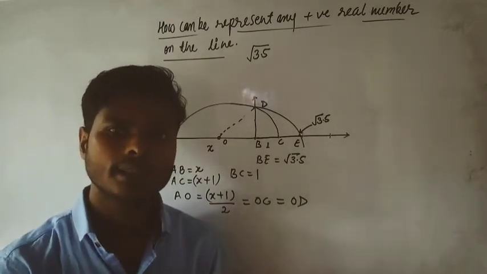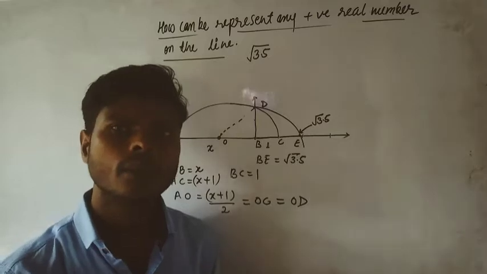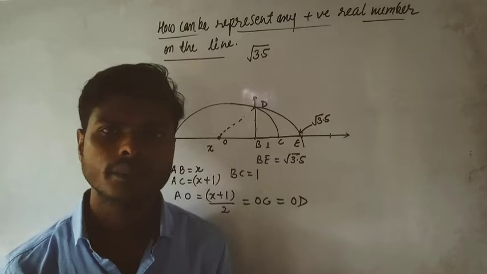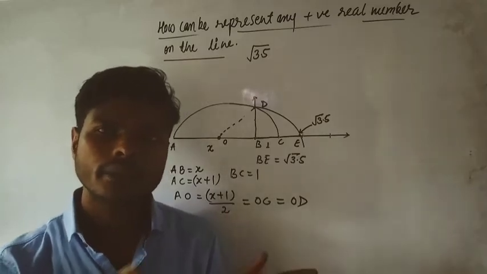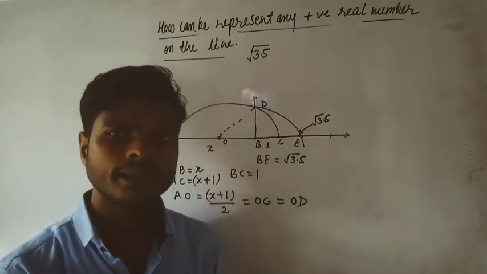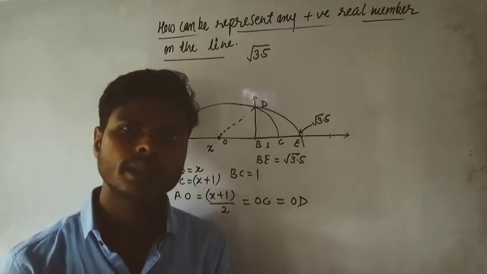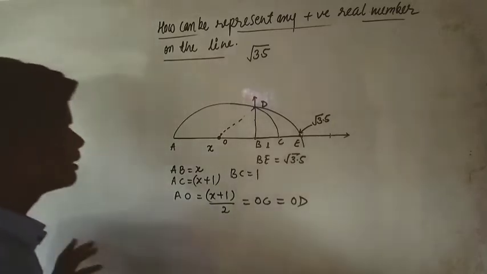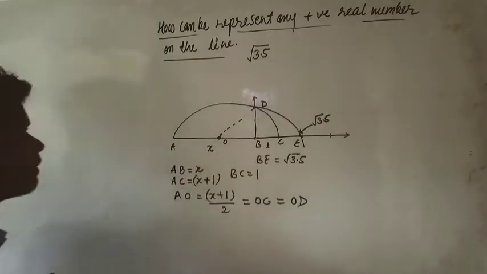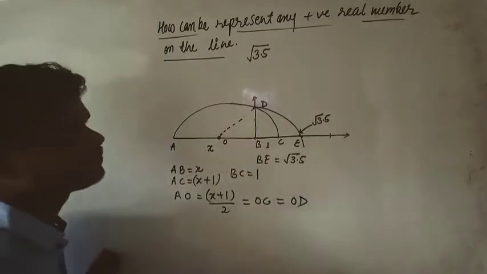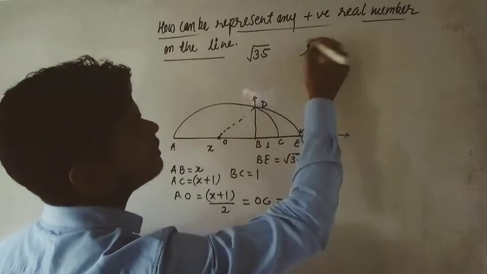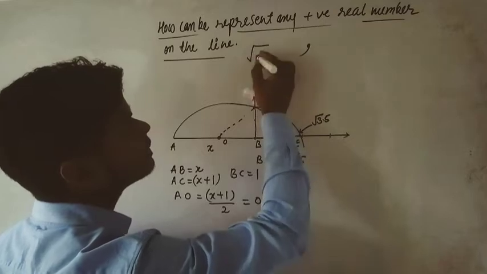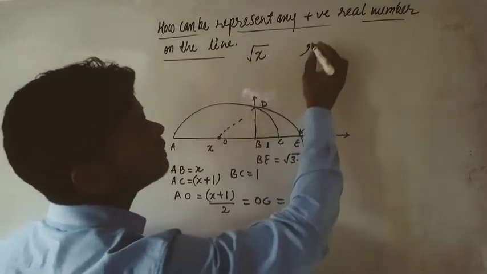Now we apply Pythagoras theorem on this right angled triangle. We know that the square of the hypotenuse is equal to the square of the perpendicular plus the square of the base.